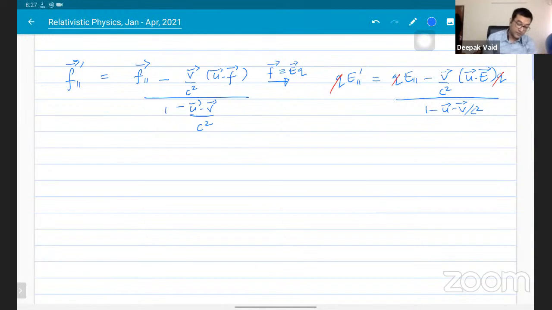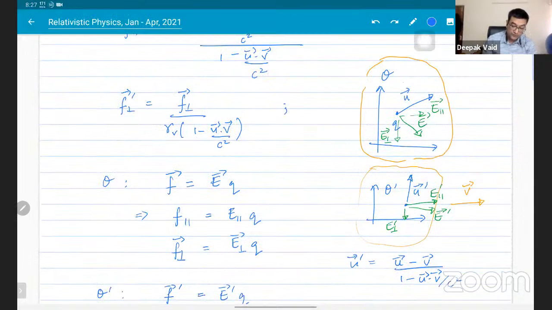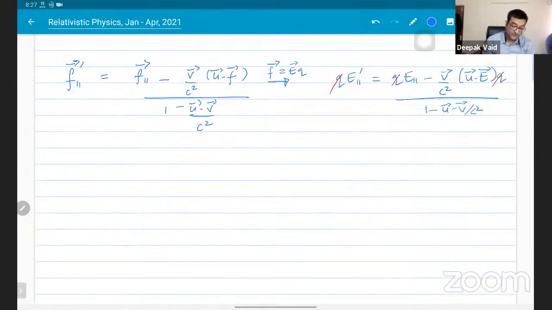So now in this picture, we have this charge U and it's moving with some velocity u, and here it's moving with some velocity u prime, right? Now we can make a simplification, and the reason we want to make this simplification is the following.